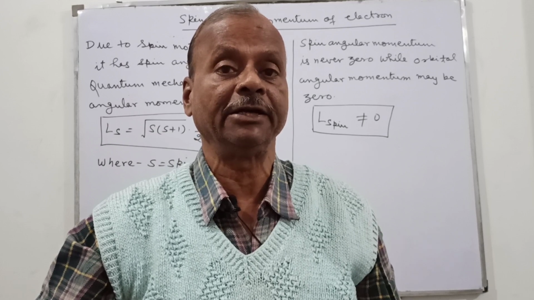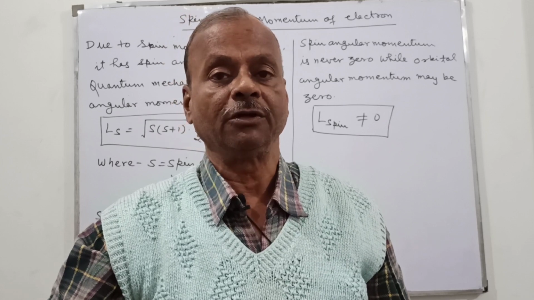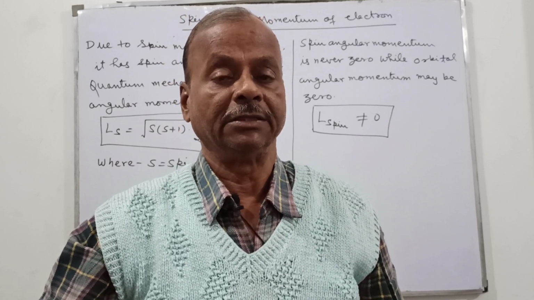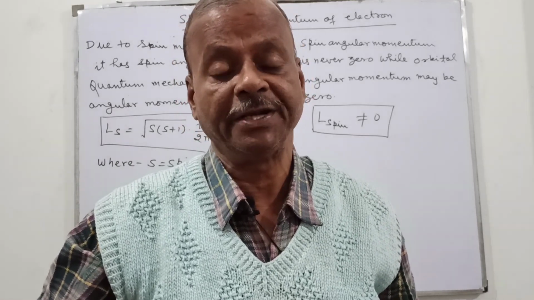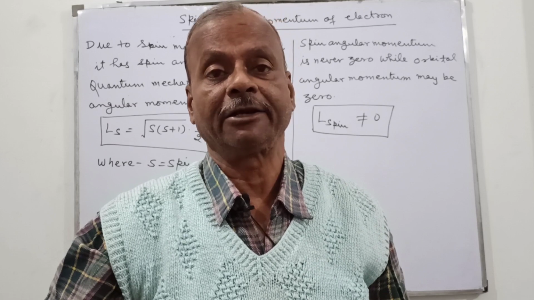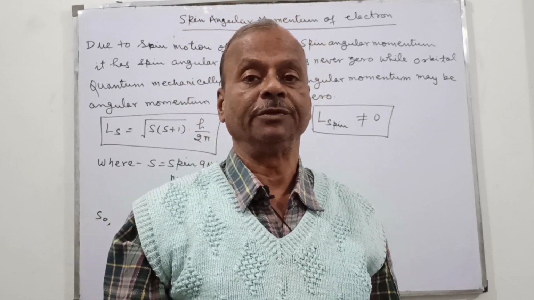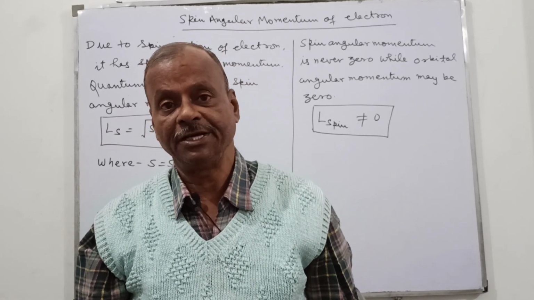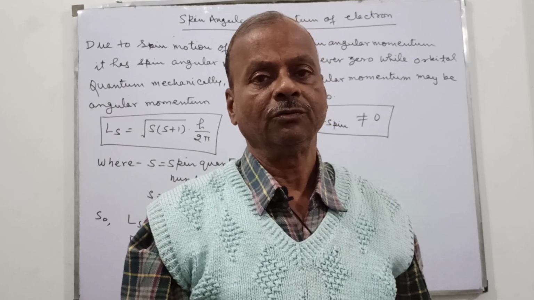So for any kind of orbit, the electron always has angular momentum. The orbital angular momentum may be zero, but spin angular momentum is never zero. So because of that, the electron always has angular momentum when it is moving, and also it is having the spin about its own axis. So thank you very much.